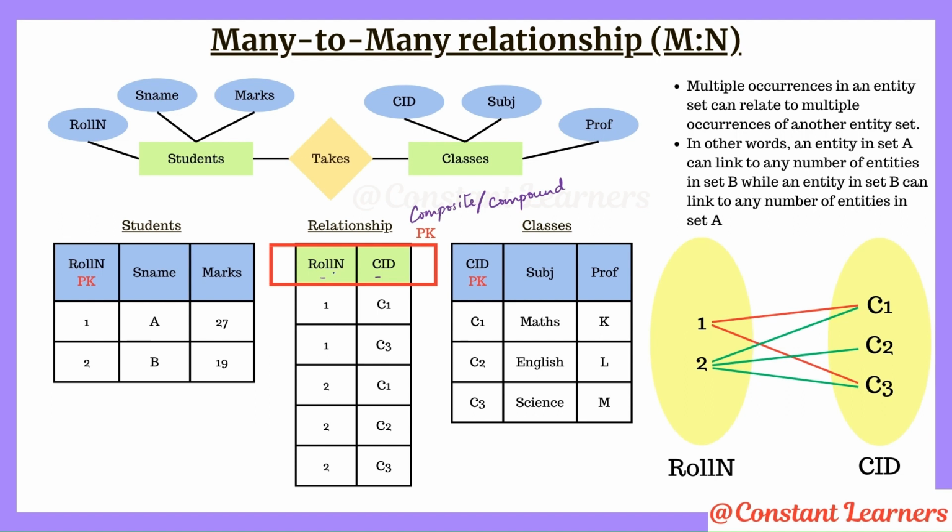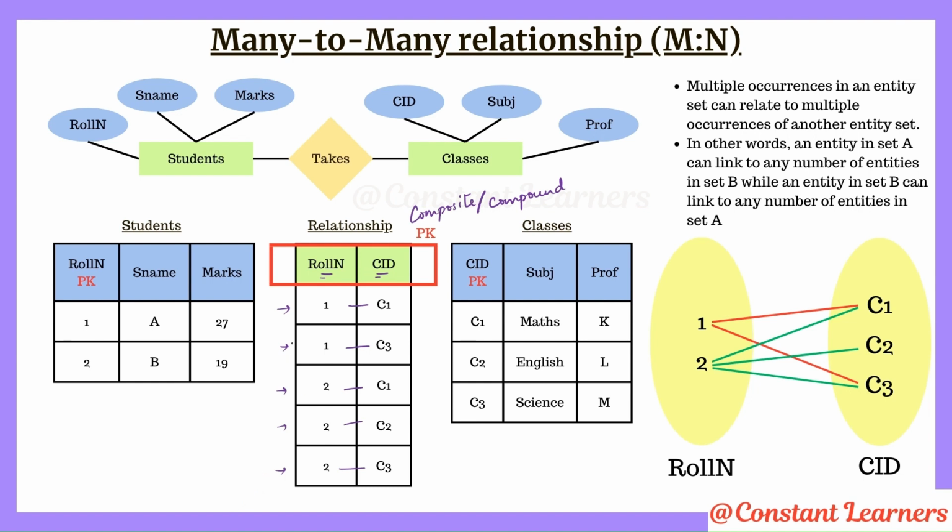In this case, both roll number as well as class ID are not unique, but their combination is unique. Here we have 1 C1, 1 C3, 2 C1, 2 C2, 2 C3. So their combination is unique in every row. Since their combination is unique in every row, they can together act as a primary key.